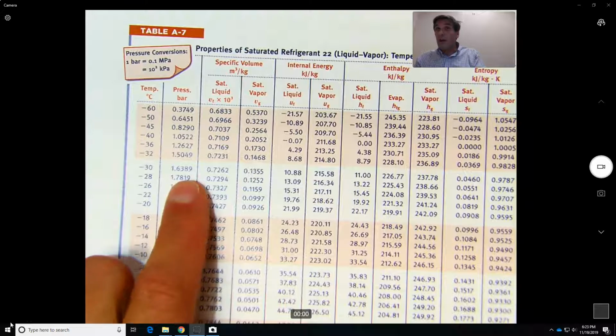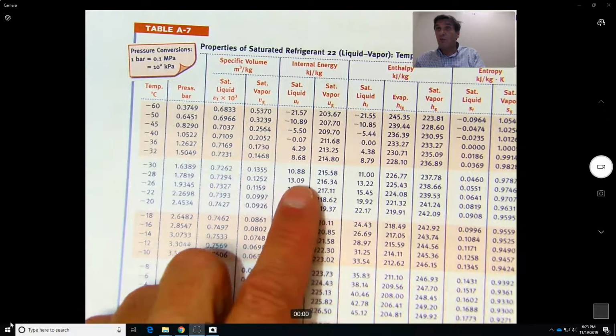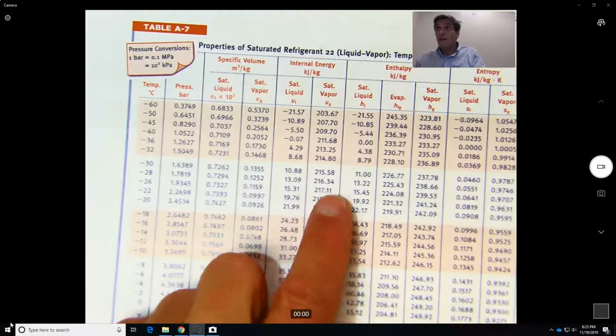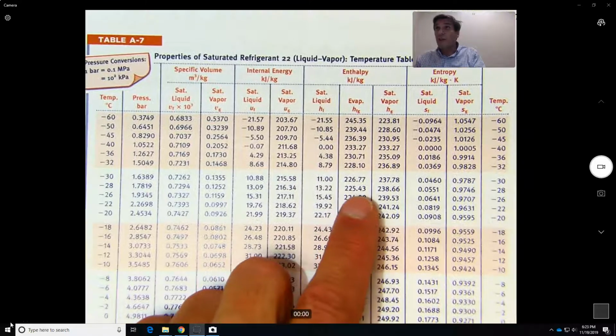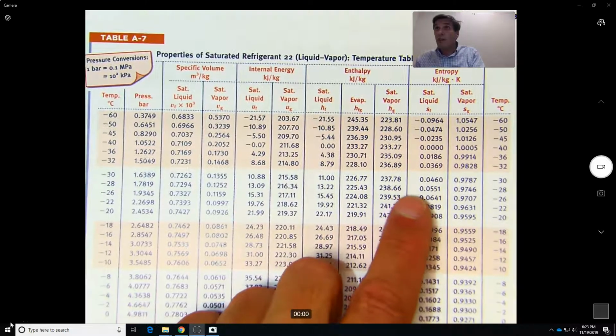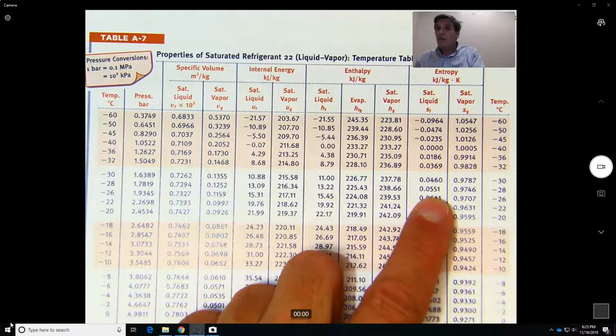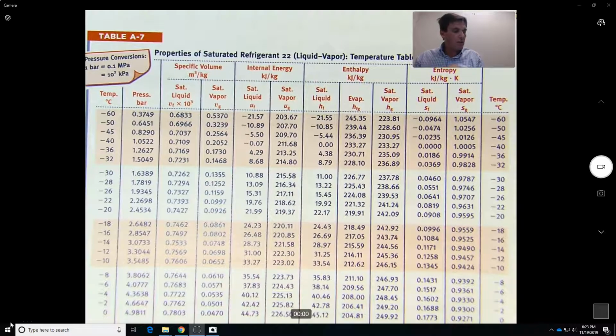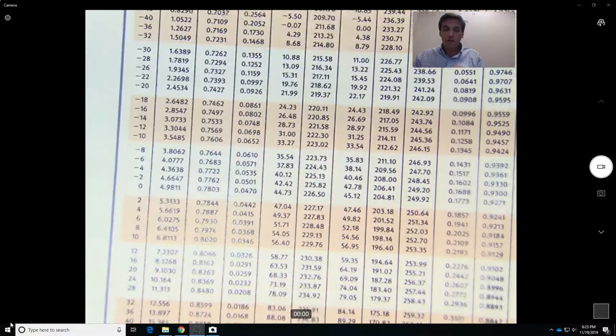We know then that S3 will be equal to what? S fluid, which is right here. Is it 28 or minus 28? Hold on one second. It is 28. Sorry, we are all the way down.